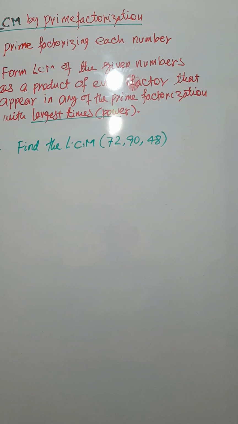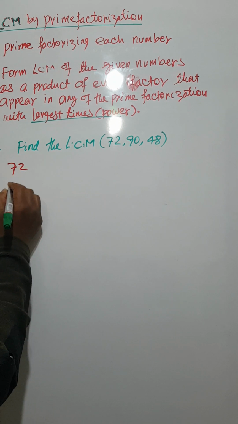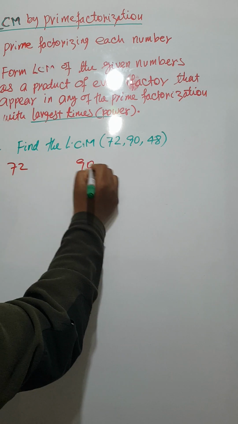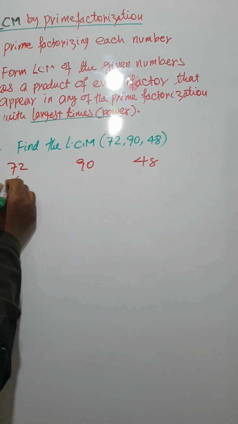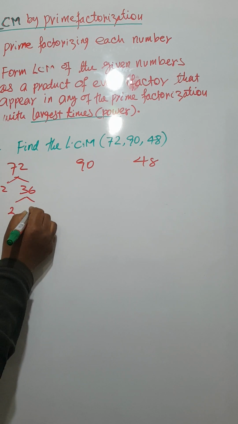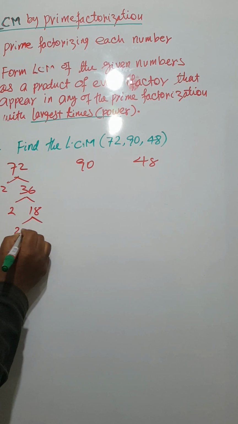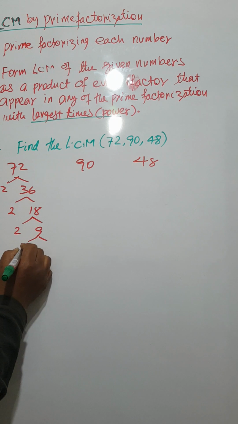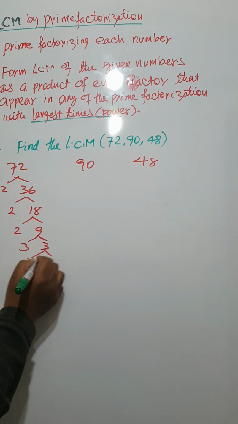Let's proceed to the prime factorization. 72, 90, 48. 72 is divided by 2 to get 36, by 2 to get 18, by 2 to get 9, by 3 to get 3, by 3 to get 1.